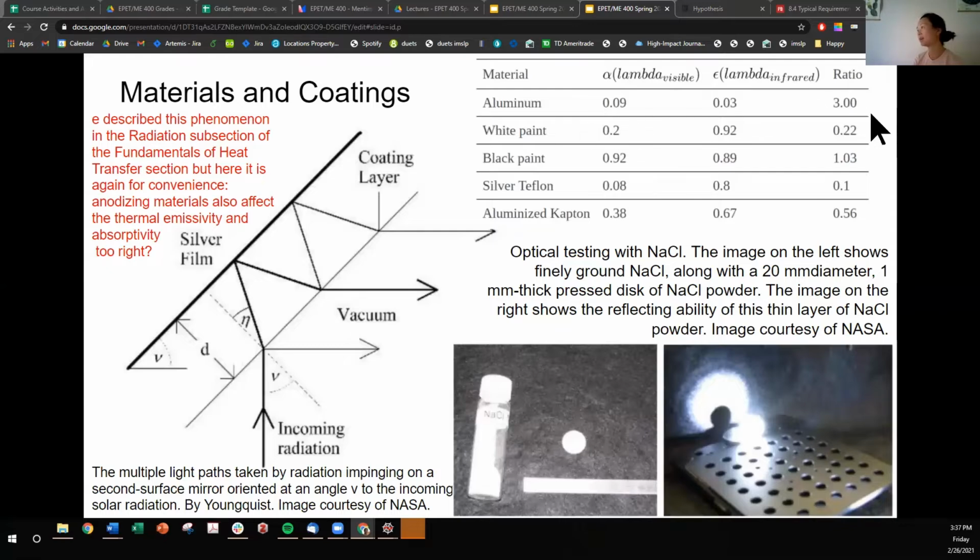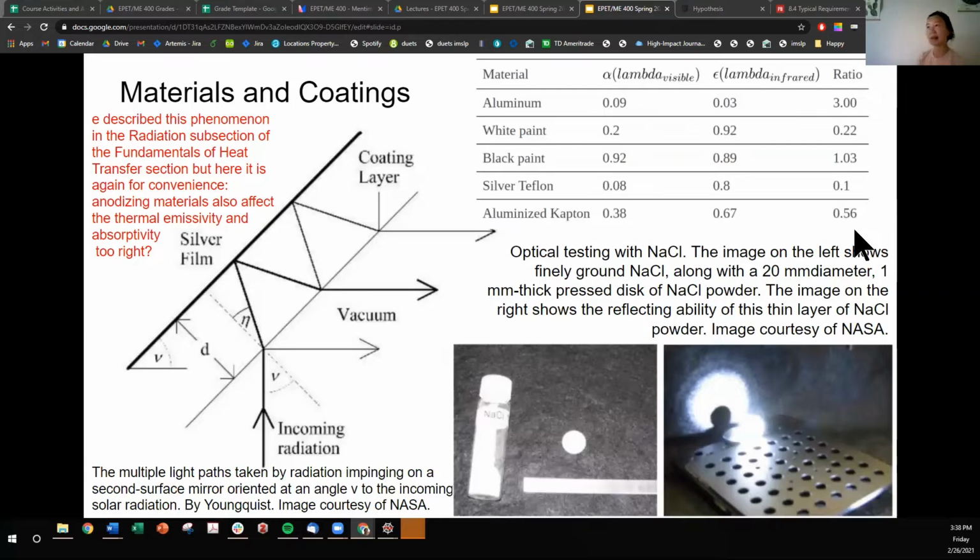Whereas something that has a ratio of 3, but has an absorptivity of 1 and an emissivity of 0.33, is going to behave in a much different way. You would have much more heat transfer. So I hope that cleared it up. There are just 3 numbers that are important. You have to consider all 3, not just the ratio.